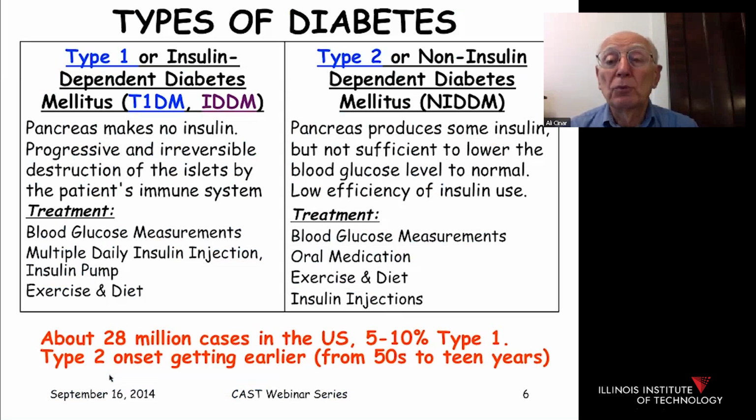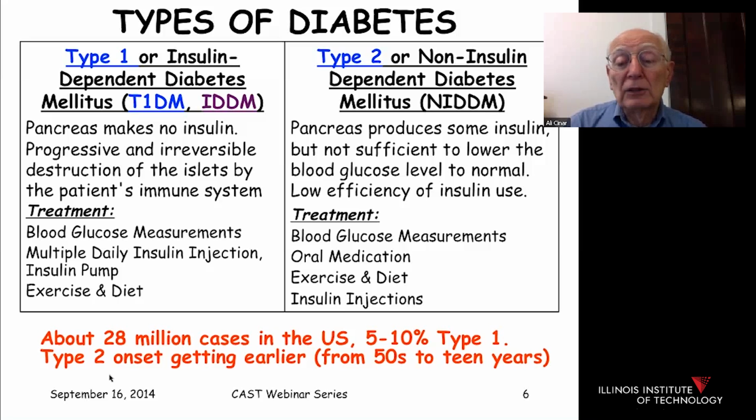In type 2, the production capability of insulin is reduced, and also the efficiency of insulin use is reduced, and the treatments are different. Insulin is not the first line of defense in this particular case, but oral medications, exercise, and diet and lifestyle changes are the first line of defense.